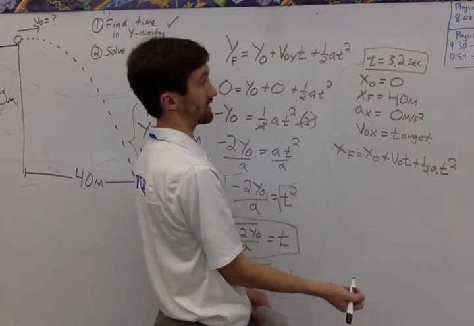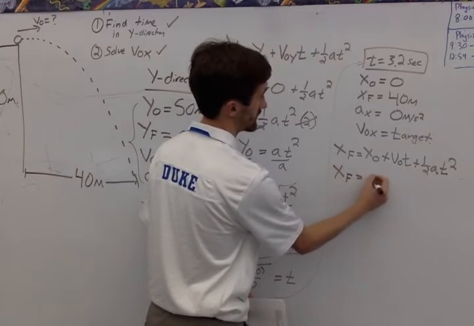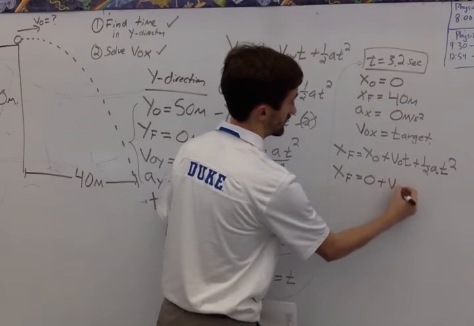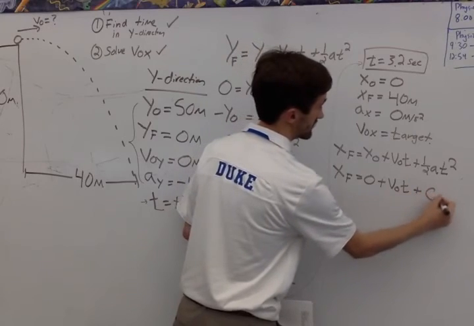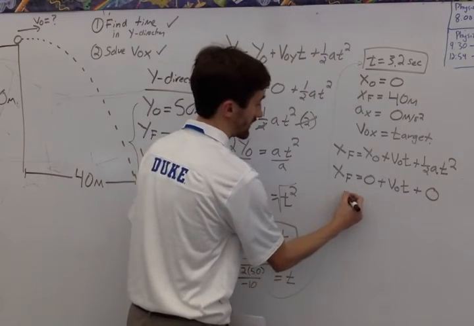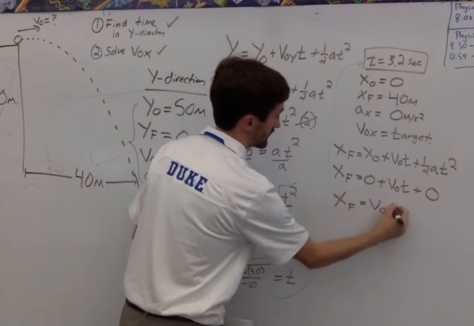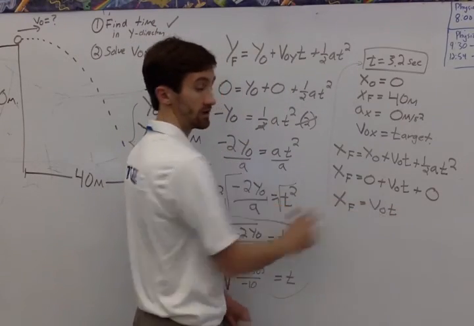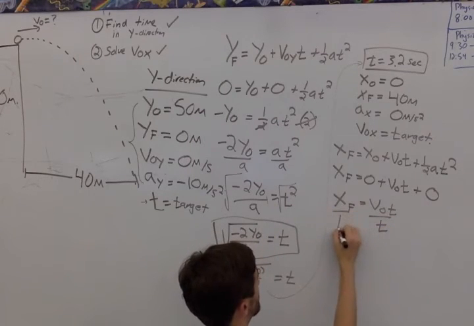And then we're going to plug in all of the zeros that we know. So final position equals 0 plus v naught t plus 0, because we know the acceleration is 0. And we get final position equals v naught t. And then we're trying to get initial velocity, so we have to divide both sides by t.